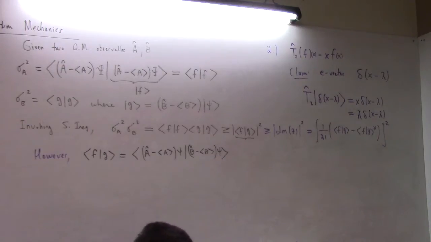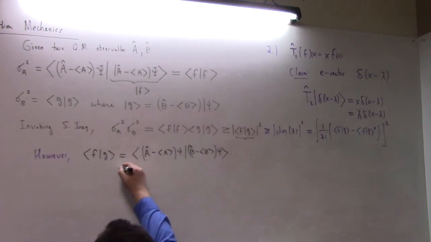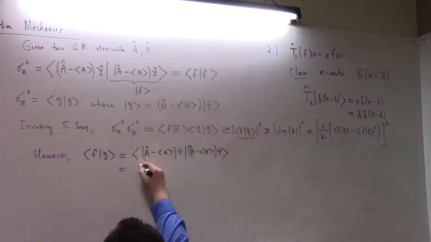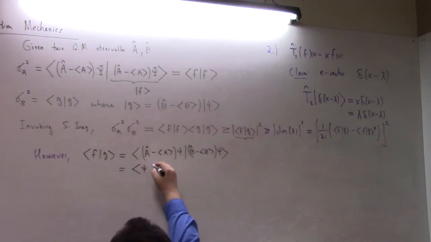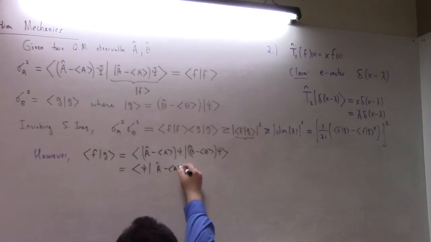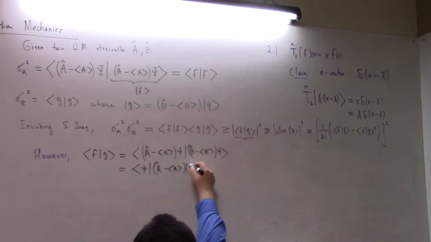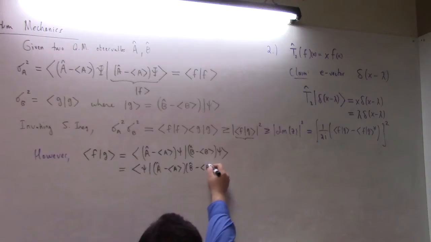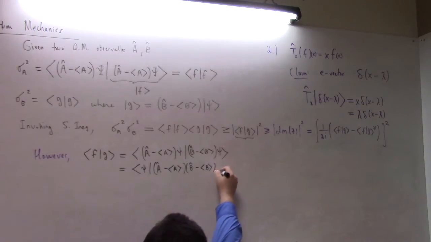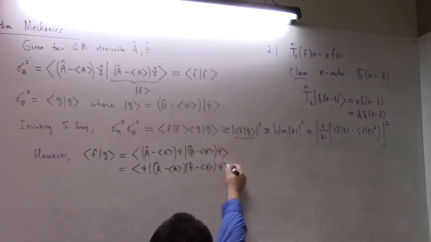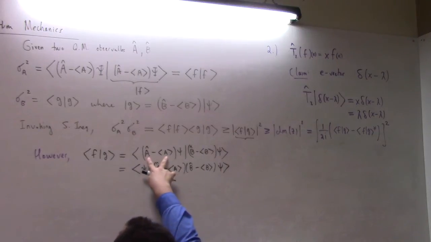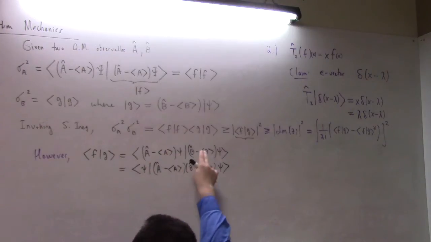Now, this is an observable, right? What does it mean to say it's an observable? What did we talk about last time? For it to be an observable, it has to be Hermitian, right? The operators have to be Hermitian, which is just tantamount to saying that in this formalism you can move the operator from the bra over to the ket.